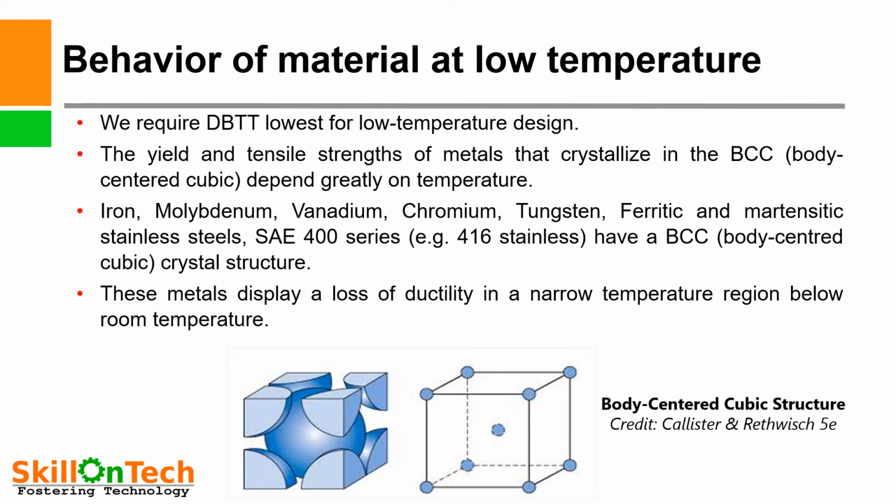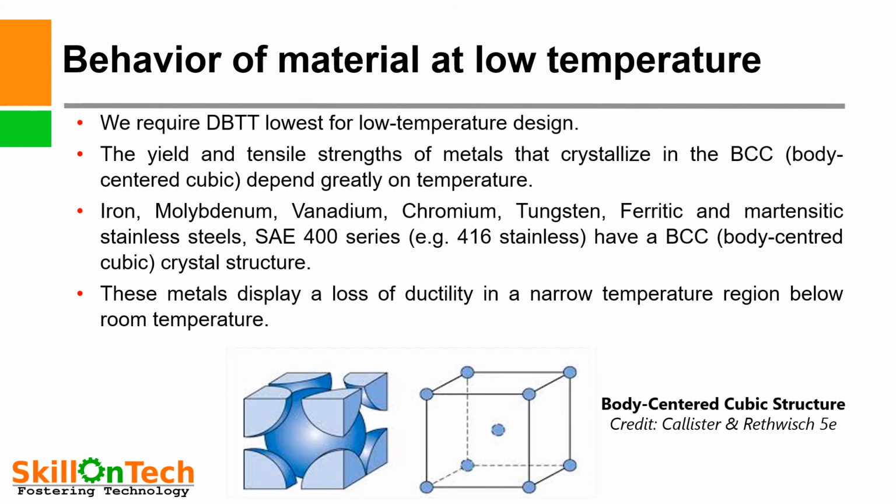Behavior of material at low temperatures. So let us understand how materials behave at a low temperature. We require the lowest DBTT for low temperature designs. The yield and tensile strength of metals that crystallize in the BCC, body centered cubic, structure depends greatly on temperature.